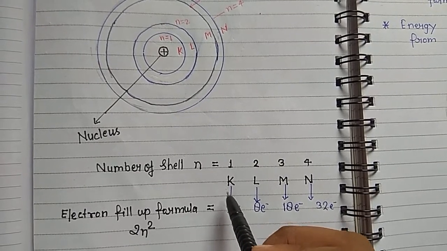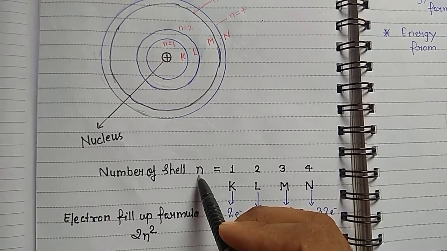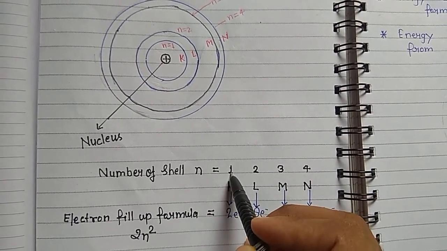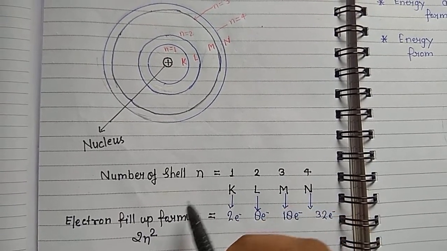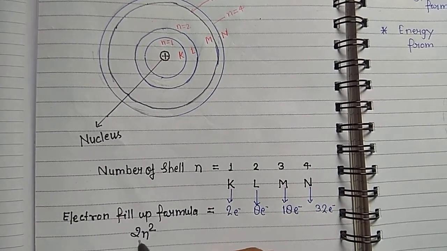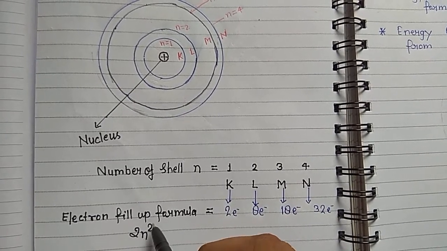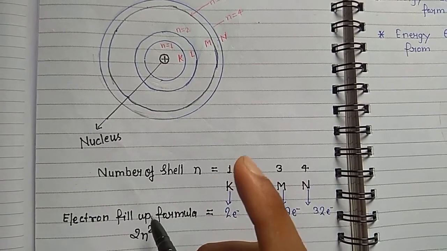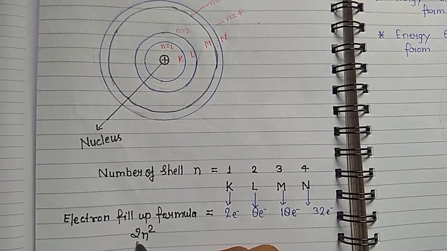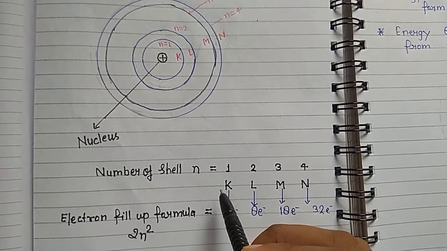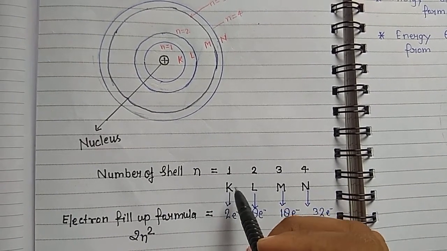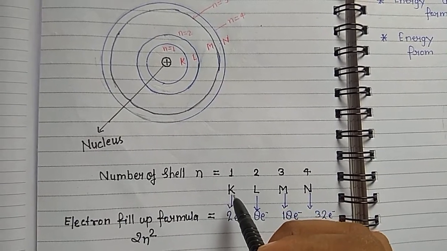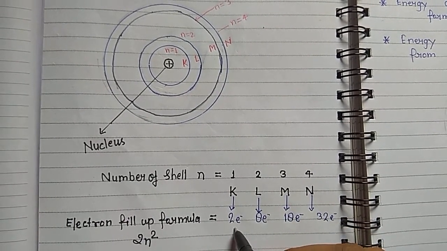For the K shell, the value of n is equal to 1. Put the value 1 in this formula: 2 into 1 square. 1 square is 1, multiplied by 2, it becomes 2. So the K shell, which is the first shell of the atom, has a maximum of 2 electrons.